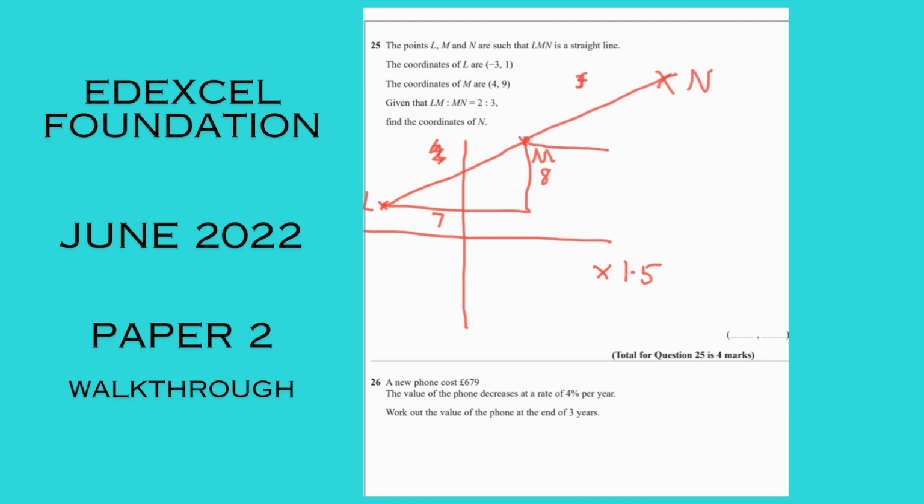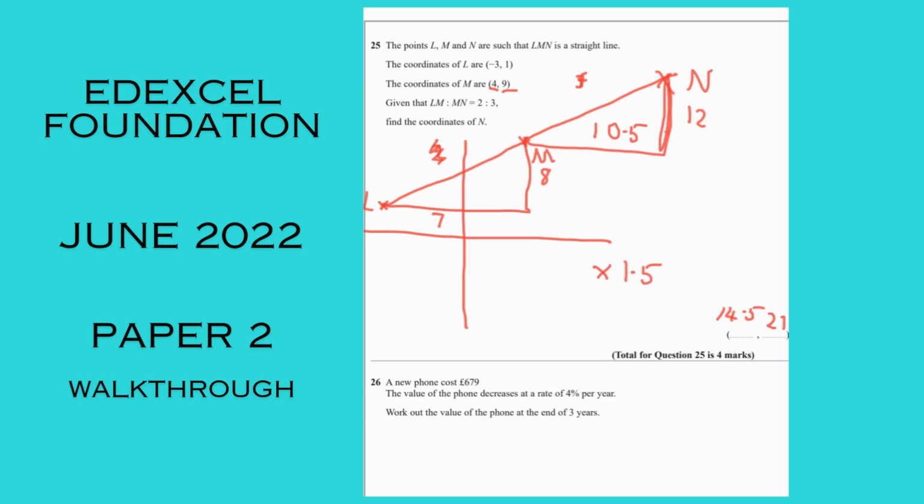So we work this distance out by multiplying the 7 by 1.5 and the 8 by 1.5, and we add 10.5 on to the x coordinate of M, and we add 12 on to the y coordinate of M.